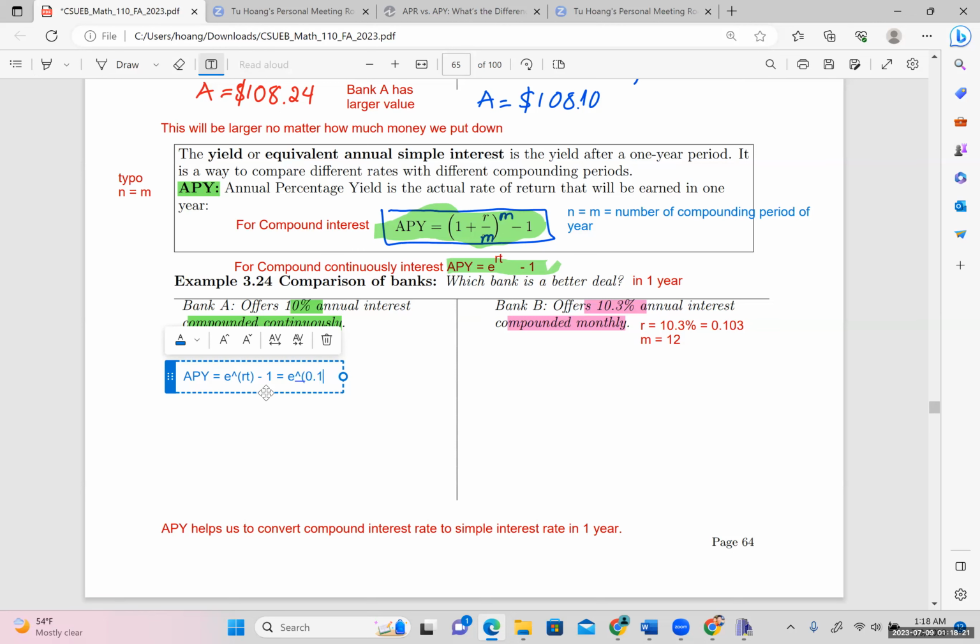Actually, the formula should not include a T, because we are always just gonna compare in 1 year. So minus 1. And then we use a calculator.